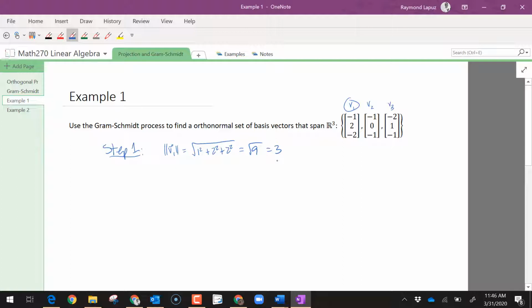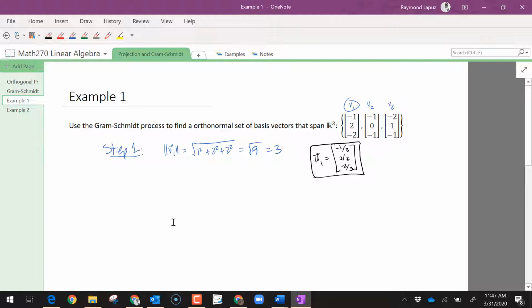And so we take our vector v1 and make it into a unit vector, so we'll divide each component by 3. And then we have our first unit vector, u1, equal to negative 1/3, 2/3, negative 2/3.